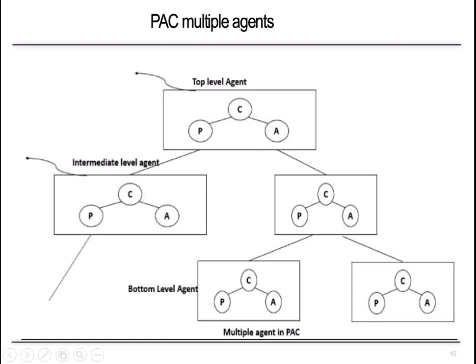This is the top level agent, intermediate level agent, and this is the bottom level agent. The top level is interconnected with intermediate level agents, and then this is connected to bottom level agents.